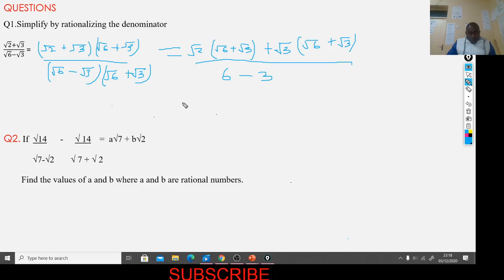So this will be equal to, we expand here, it becomes 2 times 6, which is root of 12.